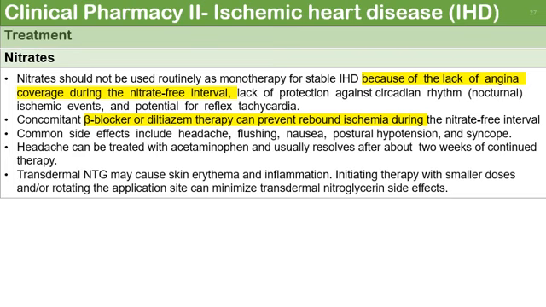Sometimes, to reduce reflex tachycardia or reduce attacks of angina in the nitrate-free period, what must we do? Nitrate plus a calcium channel blocker such as diltiazem or verapamil, or nitrate plus a beta blocker. Nitrate, especially sublingual, gives flushing, severe headache, nausea, postural hypotension and sometimes syncope. To prevent headache we can use paracetamol or acetaminophen.